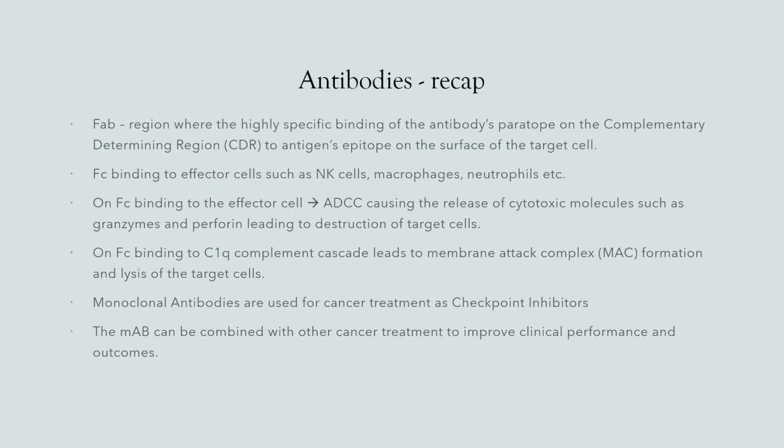So I just want to do a very quick recap on antibodies because it's helpful for this slide. We know about the various regions on the antibodies. There's the antibody binding region, the Fab region, which is on the variable part of the antibody or on the complementary determining region.